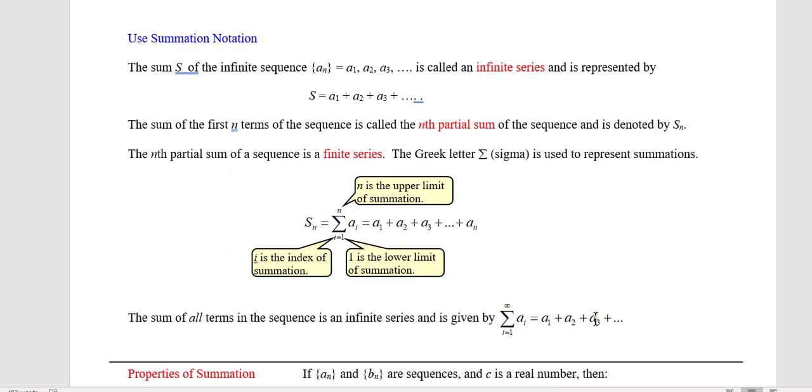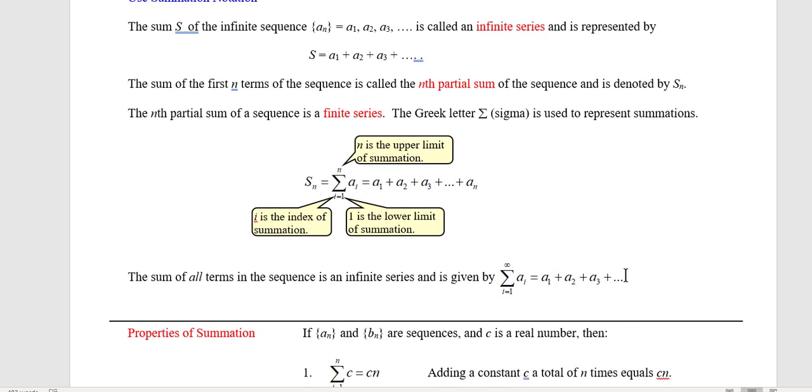Isn't that just infinitely big? Turns out not always. Sometimes you can add infinitely many finite objects and get something finite. You'll see in a Calculus 2 class, there are very strict conditions on the function here, this a_i function, that will determine whether this comes out to a finite value or not. You'll learn more about that later.